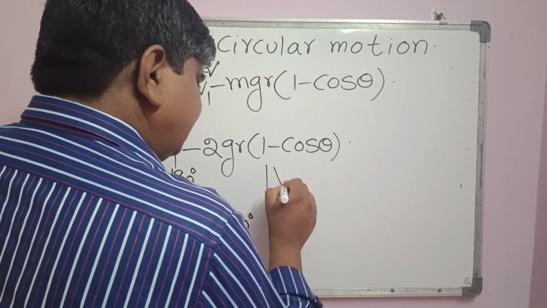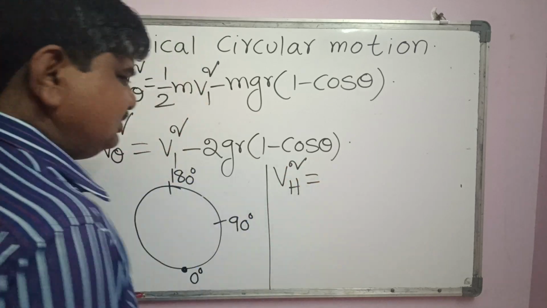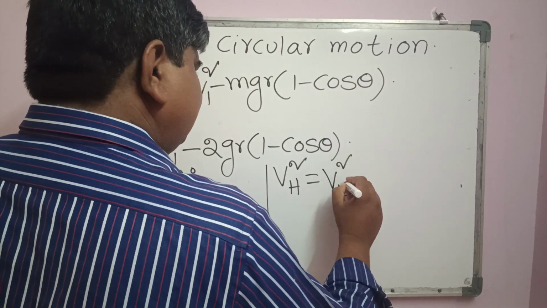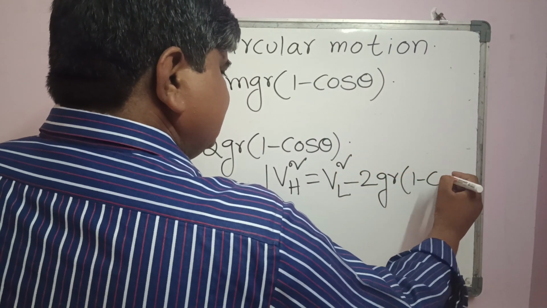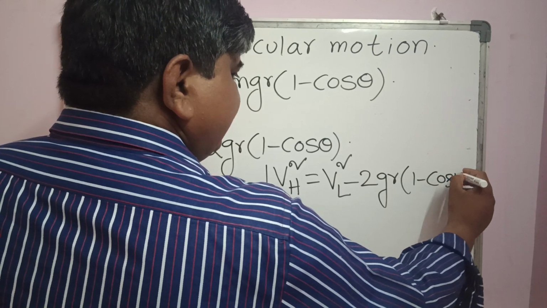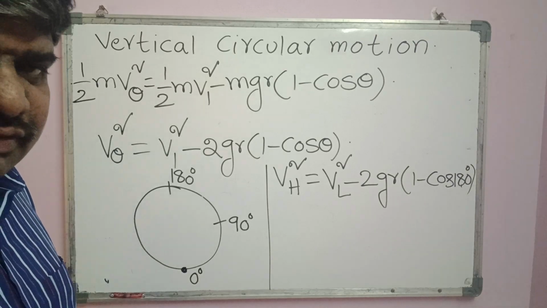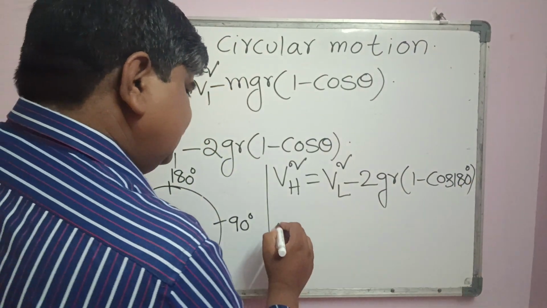So we can write the velocity at the highest point, vh square, equals v at lowest square minus 2gr of (1 minus cos 180 degrees). Where cos 180 is minus 1, 1 minus of minus 1 is 2, so it is 4gr.